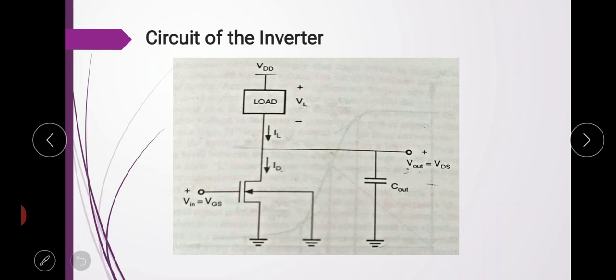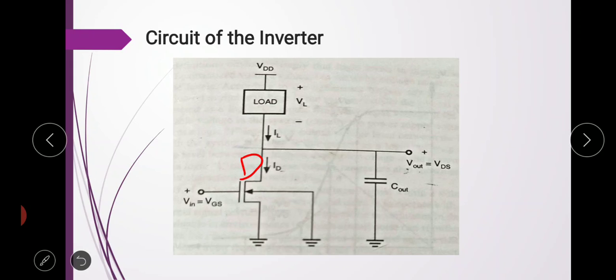Here we can see the source and the body terminal of the NMOS are grounded, so VSB equal to 0, and this acts as the driver circuit, and this upper part acts as a load circuit or load device. The drain of the NMOS is connected to the output terminal.